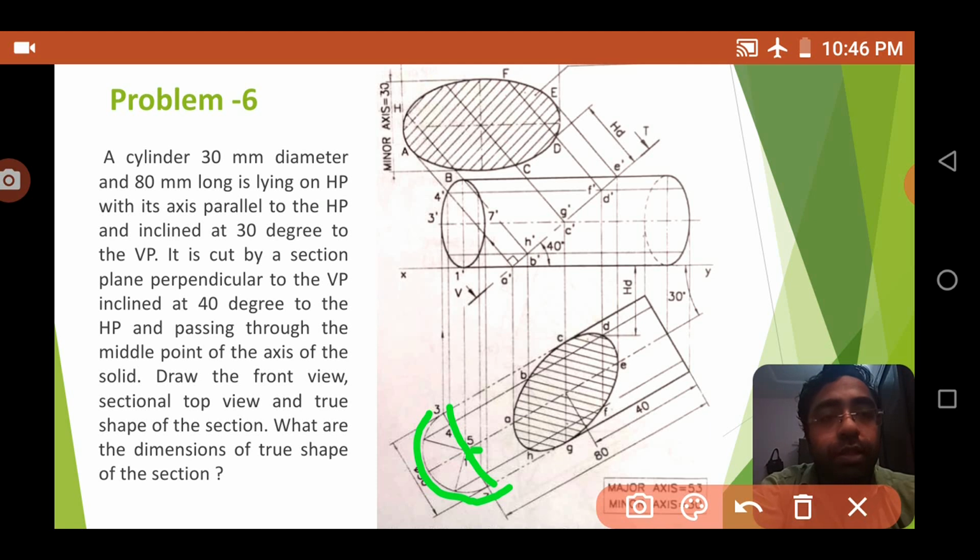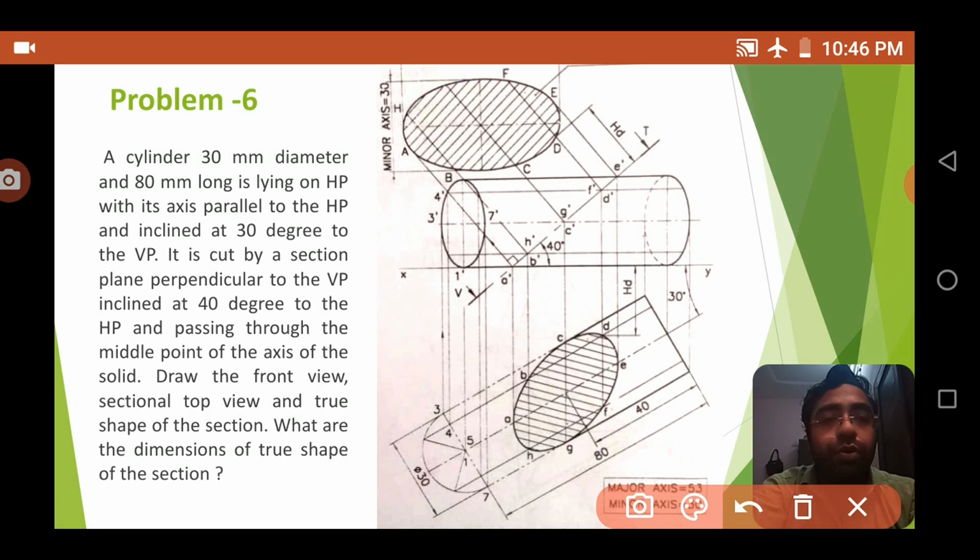You pick the center point and mark a semicircle here, and then equally divide this semicircle. Give some names: from the bottom name it 1, and the top name it 5, this side name it 3, and this side name it 7. So here you can see 3 and 7.